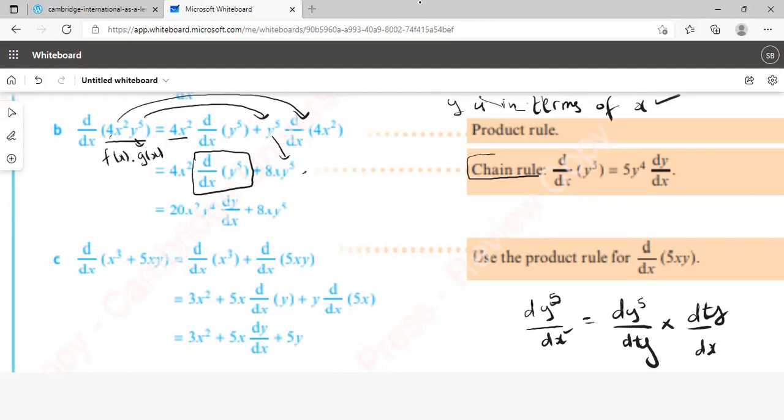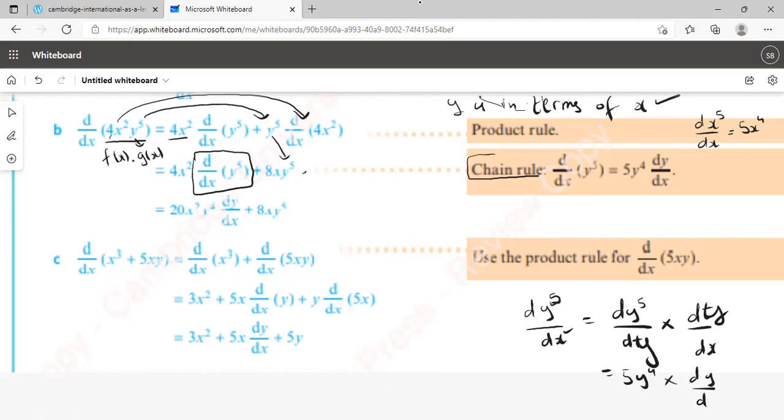So d(y to the 5) with respect to y. What is the derivative of x to the 5 with respect to x? 5x to the power 4. Excellent. So this would be 5y to the power 4 into dy/dx would come here as it is.